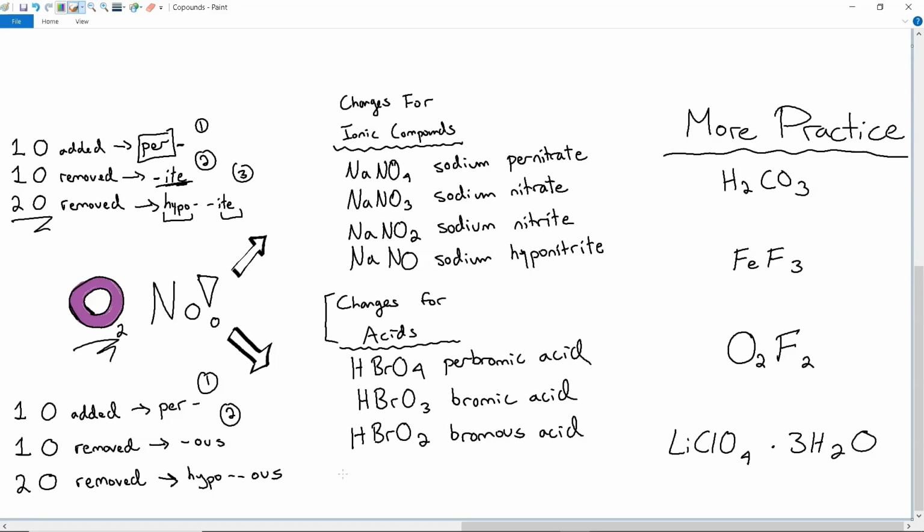The last one, we're going to remove one more oxygen and follow this last rule here. We're adding the hypo prefix and the us suffix. Hypobromous acid.